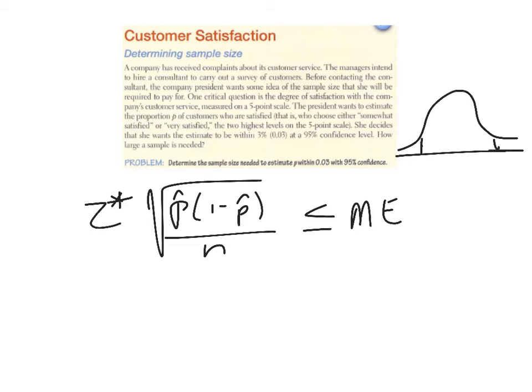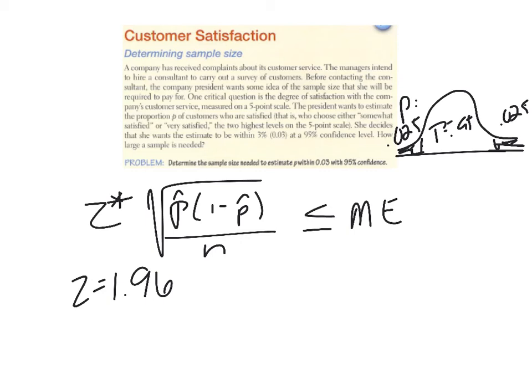My little tails that are left over are 0.025 and 0.025. So plugging that into your calculator, whether you have that memorized or not, on your AP test, you will need to show that work, either plugged into the calculator or using table A. But my critical value here is going to be 1.96, if I do my inverse norm on my calculator.